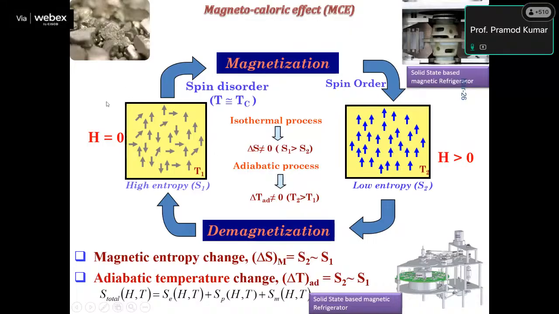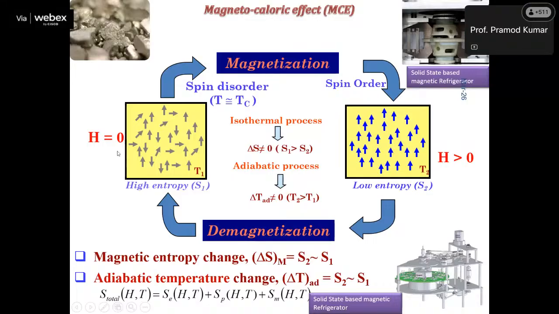So at this time the material has some temperature T1 and entropy S1, and because spins are random, we can say that entropy is very large. Now, if you apply the magnetic field, what happens? All spins, or dipole moments, try to align in the direction of the magnetic field. So entropy will reduce.